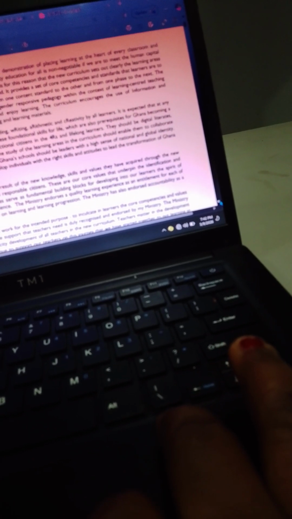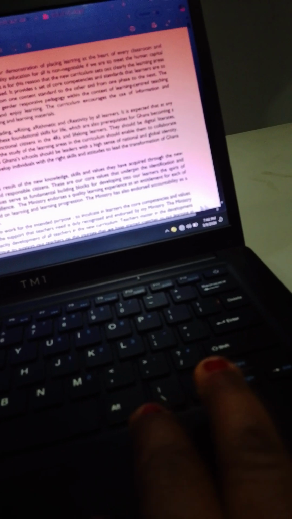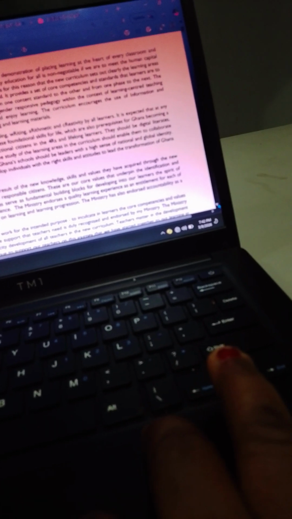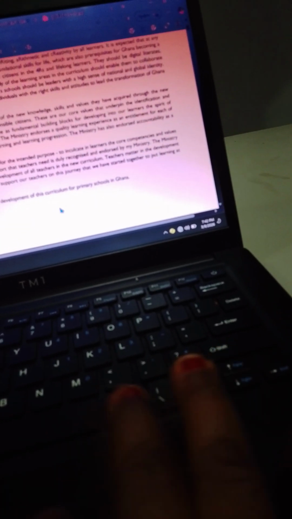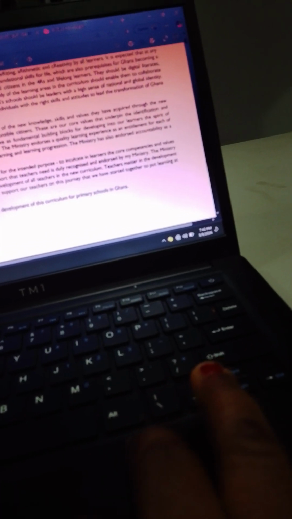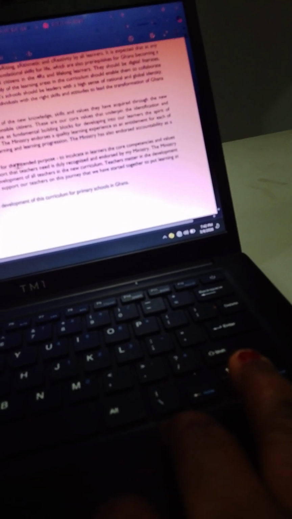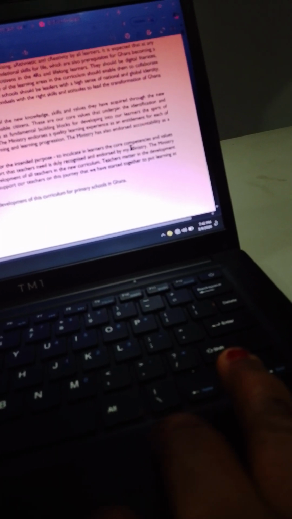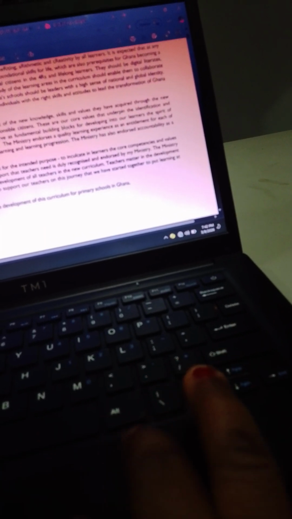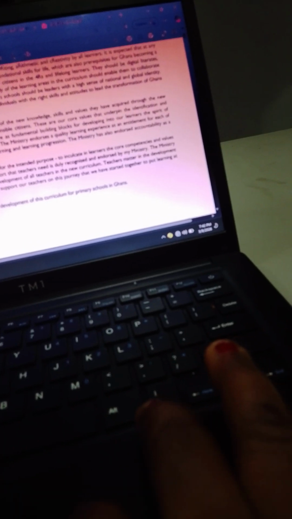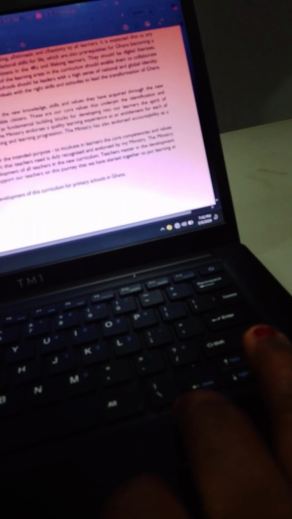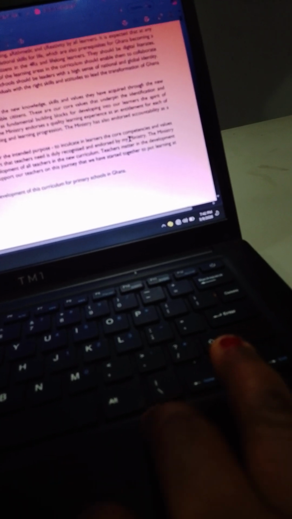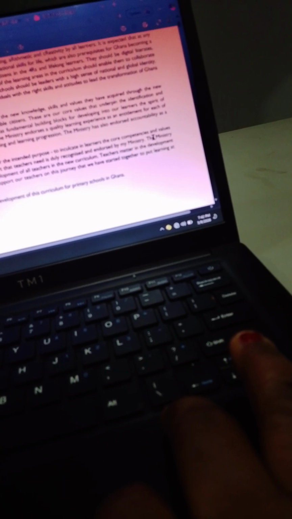The Ministry of Education has also endorsed accountability as a critical domain for effective working of the standard-based curriculum. More importantly, the role of the teacher is to make this curriculum work for the intended purpose, to inculcate in learners the core competencies and values, and to make learning happen, improve learning outcomes, and the support that teachers need is duly recognized and endorsed by the Ministry of Education.